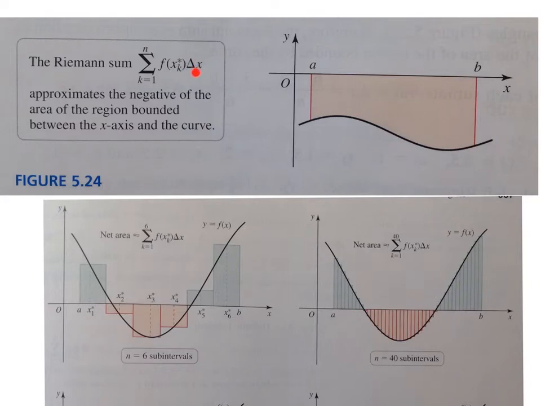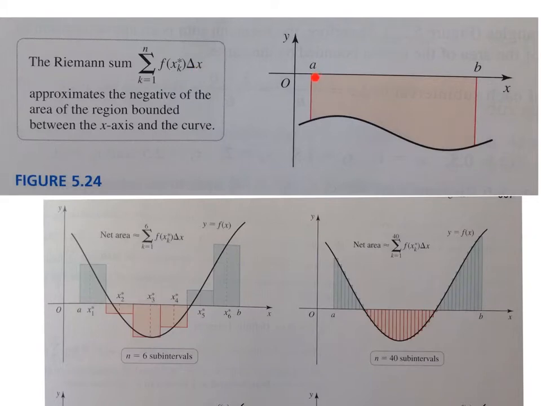Remember, we would find this change of x, and the way you find change of x is do b minus a and divide it by however many intervals you want. And that gives you an equal distance. Let me see if I can say that better. The base of our rectangles are not going to change, and they're always going to be this change of x.